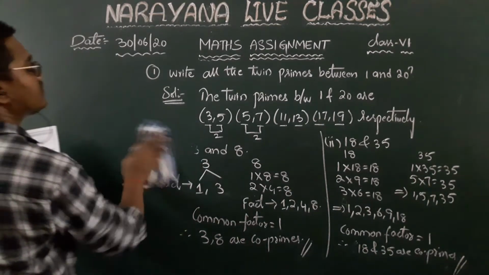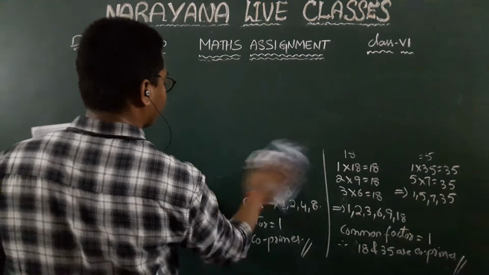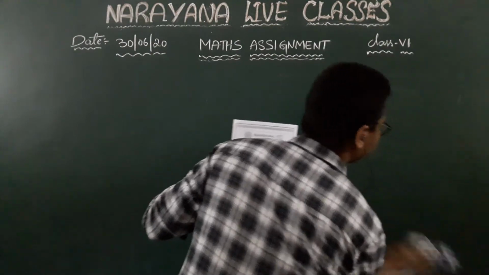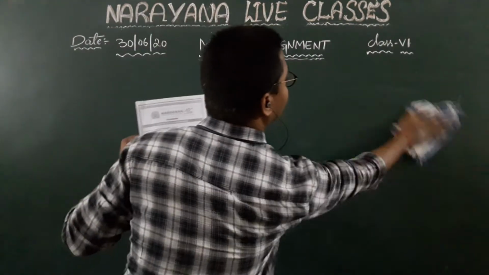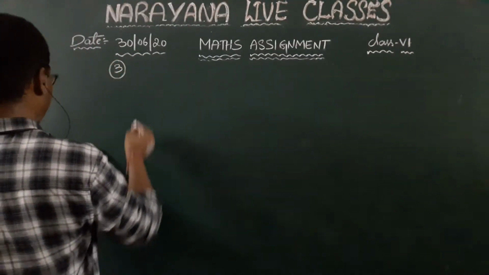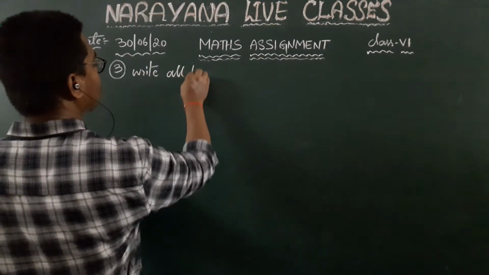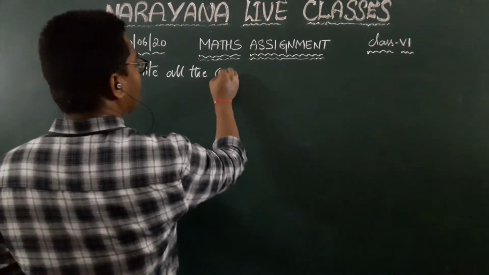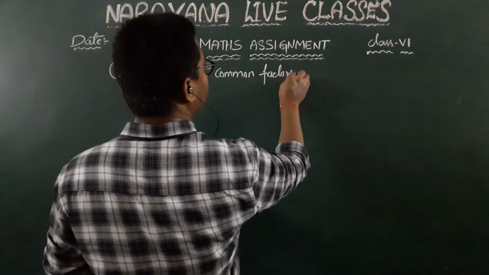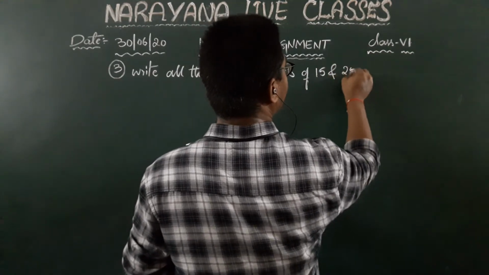Now coming to the third question children. Write all the common factors of 15 and 25.